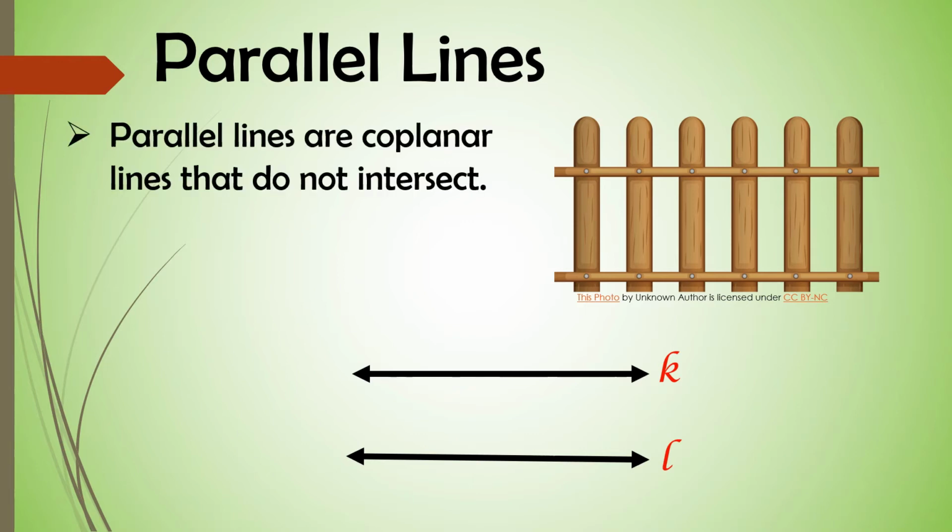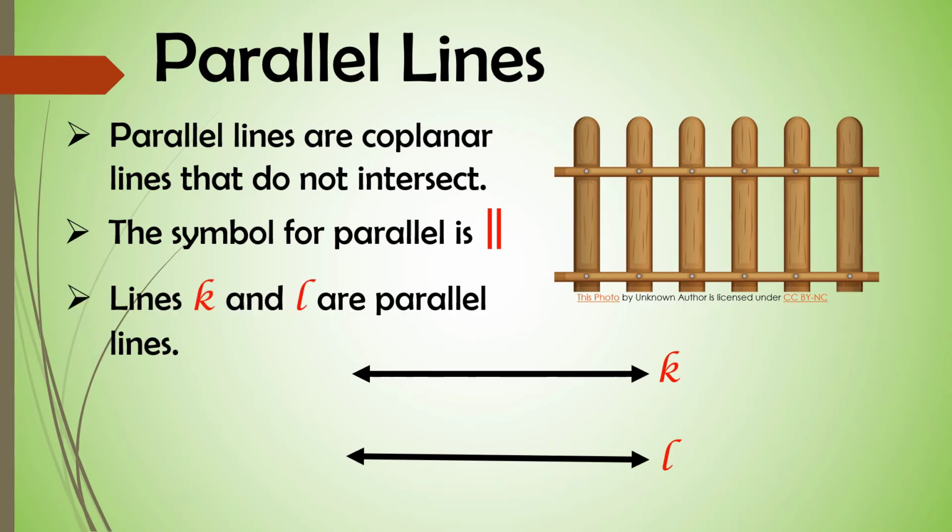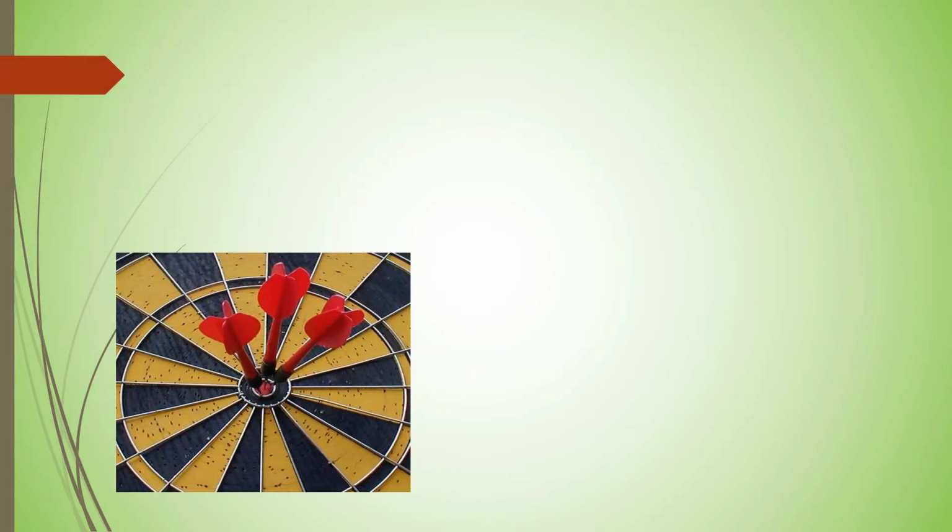Parallel lines are coplanar lines that do not intersect, or these are two lines that will never meet at any point. The symbol for parallel is two vertical lines and it is read as "is parallel to." In our examples, we can say that lines K and L are parallel lines and can be written as K is parallel to L.